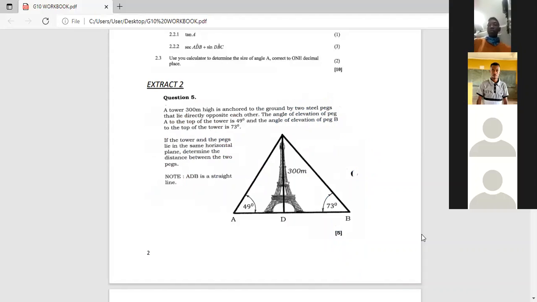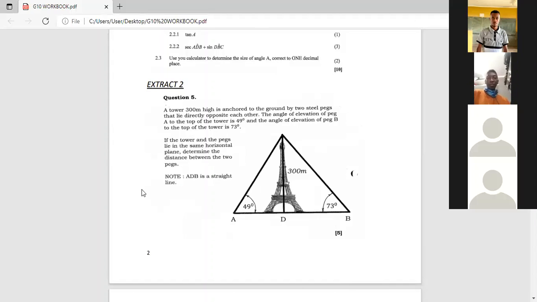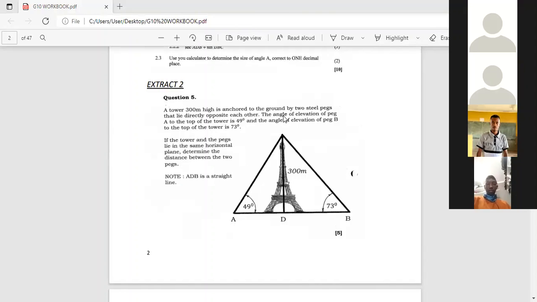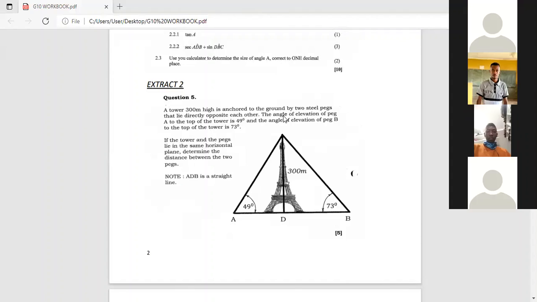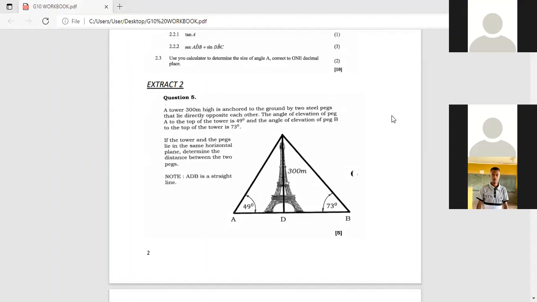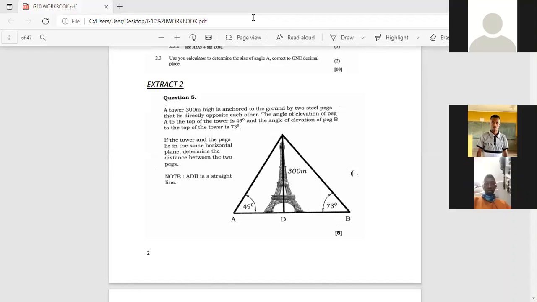Can you see it now? How many of you can see the screen? By show of hands. Everybody can see the screen. Did you enable screen sharing?